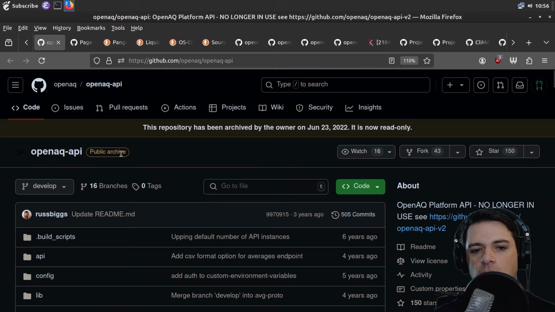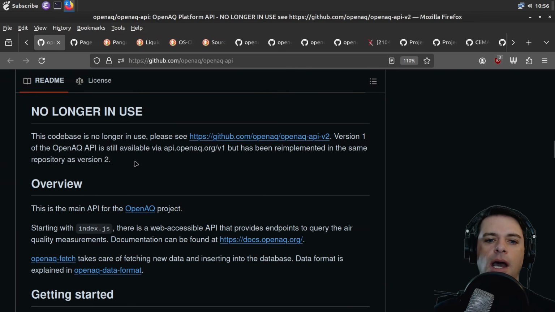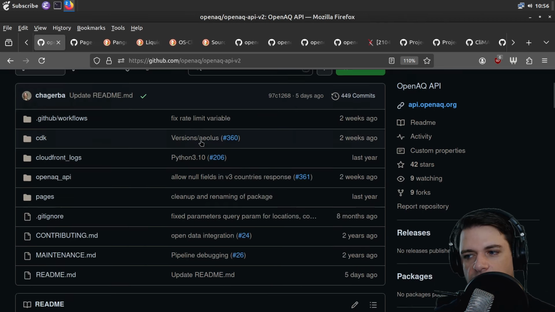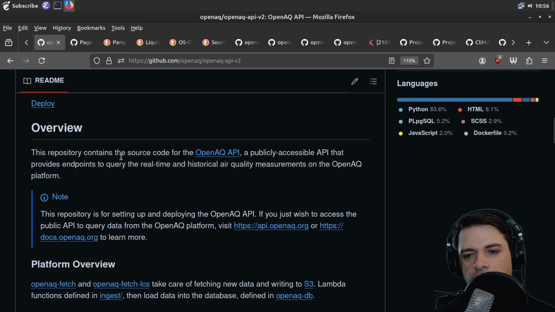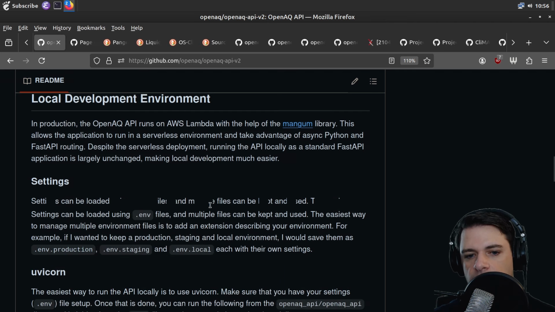Open AQ API. This should be open air quality. I'm guessing that OpenAQ is providing the API, and this is really just like a REST API for clients as opposed to the server. Deployment is managed with Amazon Web Services.